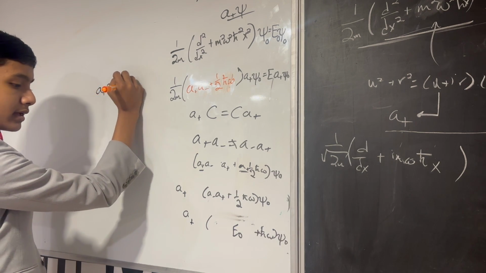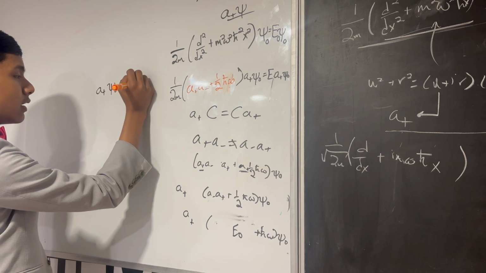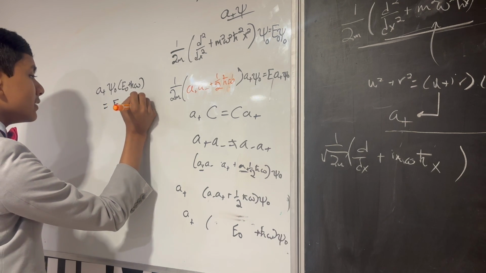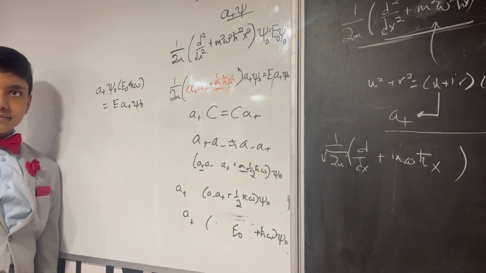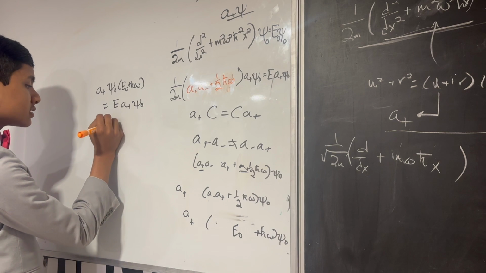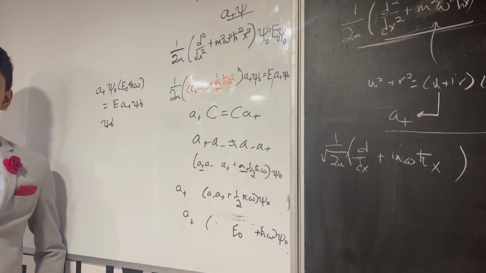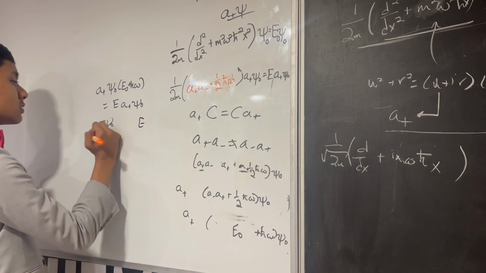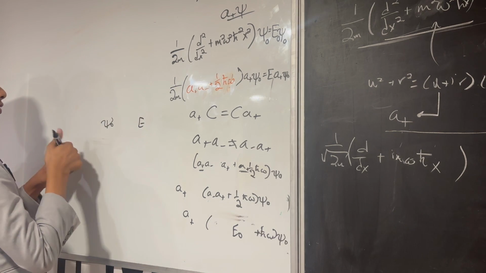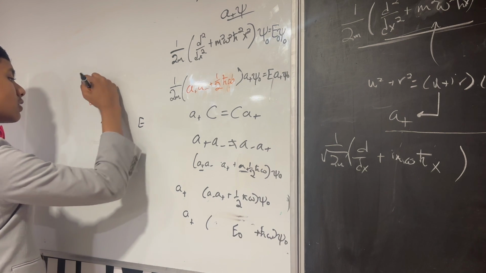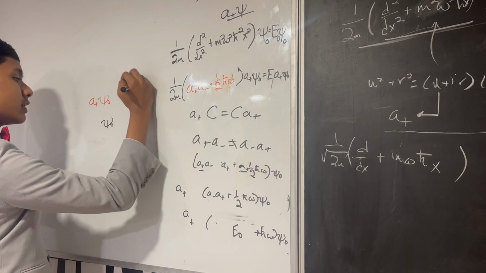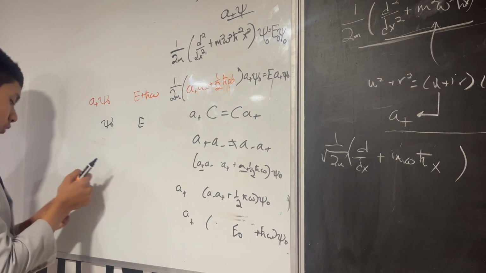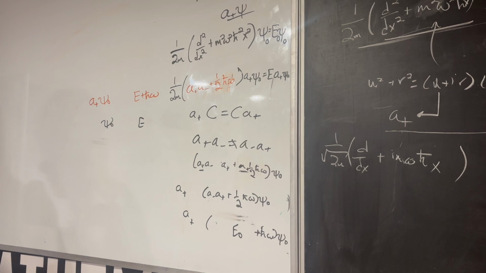Specifically, if psi naught is the solution to the Schrodinger equation with energy E, then a plus psi naught is a solution to it with E plus h bar omega. And you can probably also guess that the lowering operator, even though it's an exercise left to the watcher, brings it down by h bar omega.